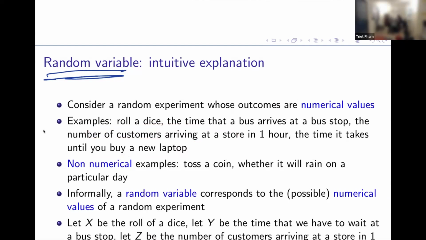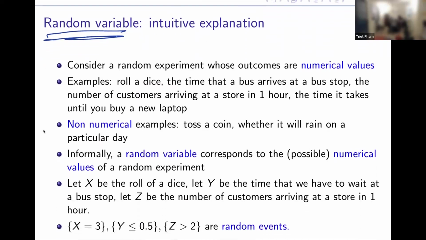For example, the event that the bus will arrive before half an hour, or the event that 5 customers or less arrive at the store. On the other hand, there are events that don't naturally have numerical values attached, for example when you toss a coin, or whether it will rain. We understand them enough that we can attach probability to them. They just don't naturally have numerical values attached.